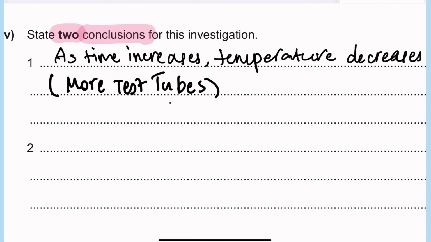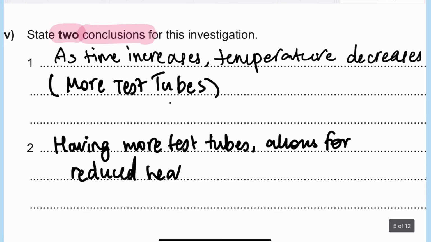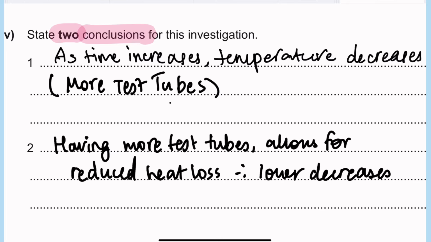And this is because having more test tubes allows for reduced heat loss, therefore lower decreases in temperature.